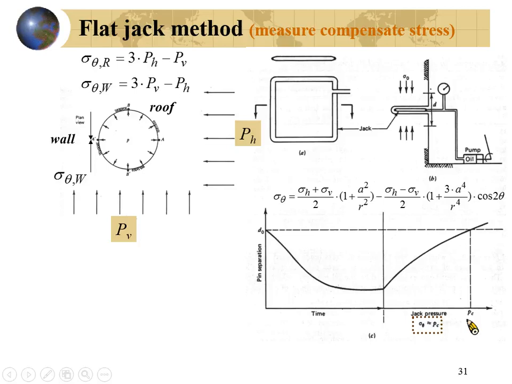You have two unknowns, pH and PV, and you have two equations. So you can solve pH and PV if you can measure the sigma theta W and the sigma theta R. I don't really need to give you numbers again.